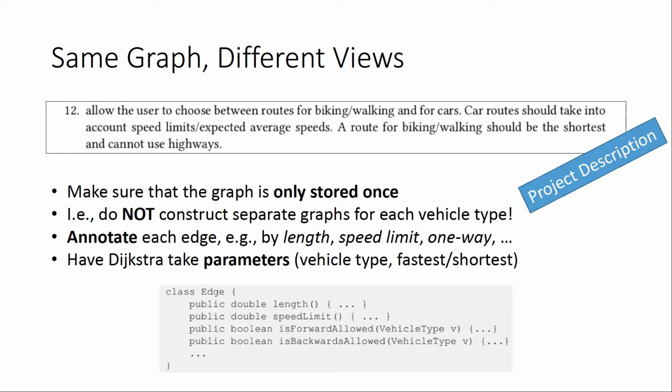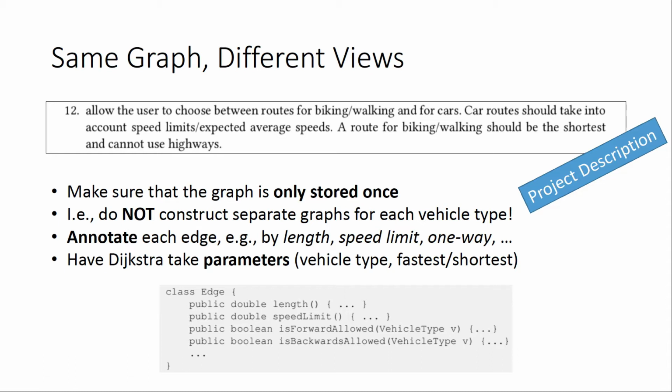And if I give you a route for biking and walking, that one should always be the shortest actual distance, and please don't use highways. Yeah, which is, I think, a pretty obvious requirement for these route suggestions that you give the user of your program.